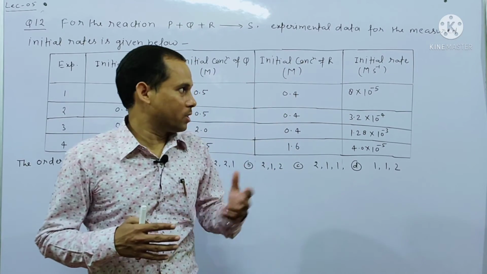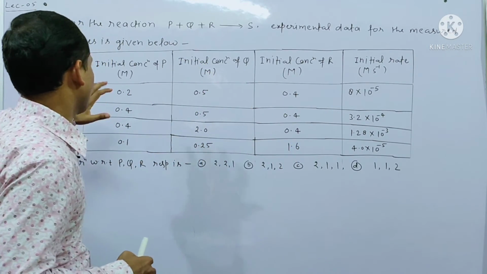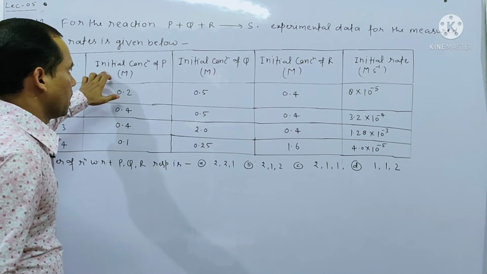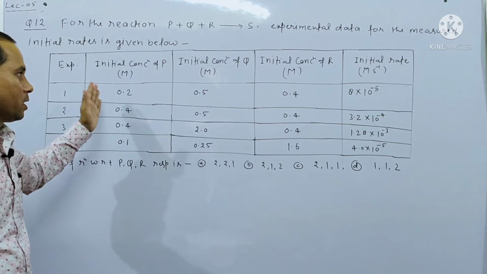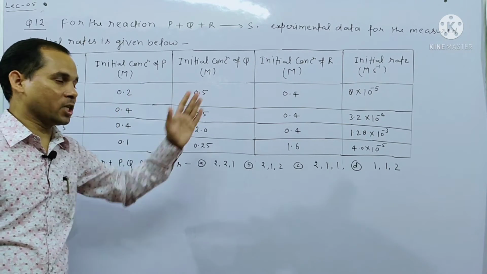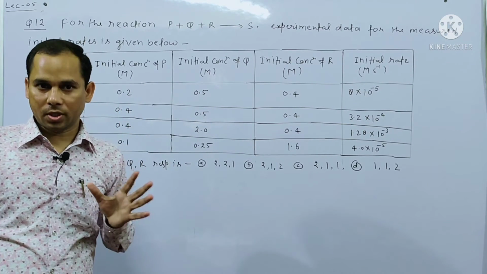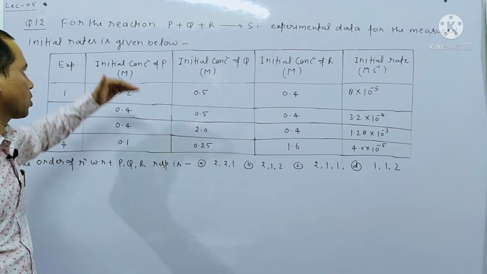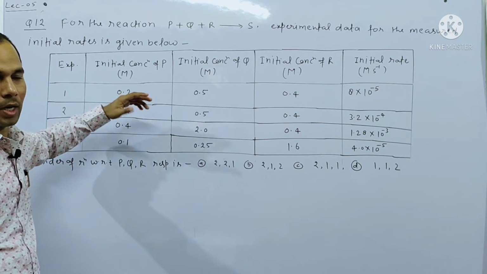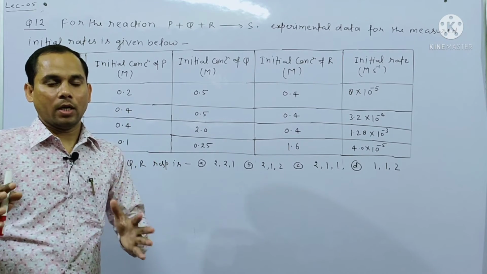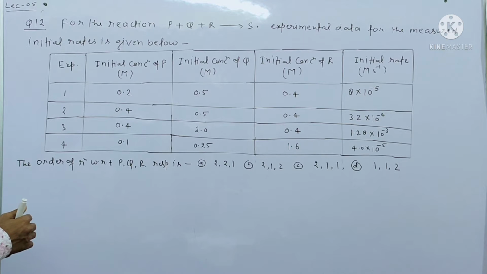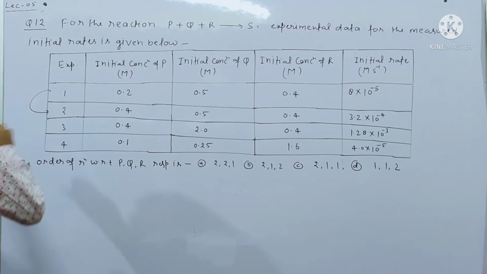So now we will apply the shortcut here, but I think all of you know the conditions for applying it. Suppose that we are calculating the order of reaction with respect to P. Then the concentration of the remaining species should be constant, and the concentration of P should be changed. In this method we generally take 2 experiments, 2 observations. So let's take experiment number 1 and 2.